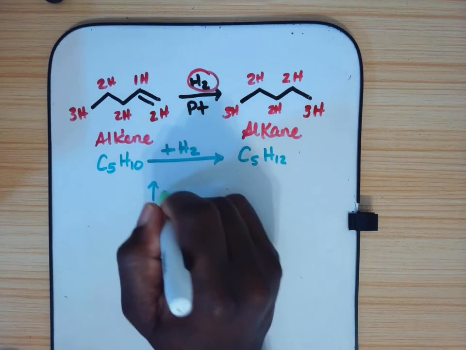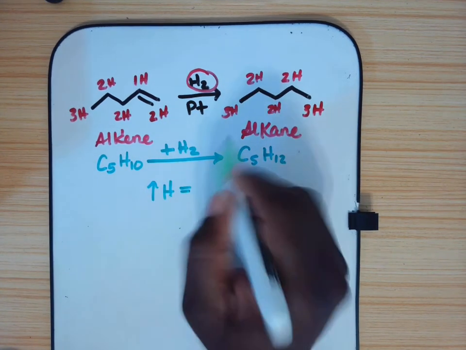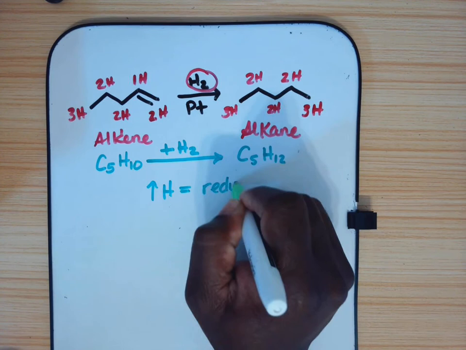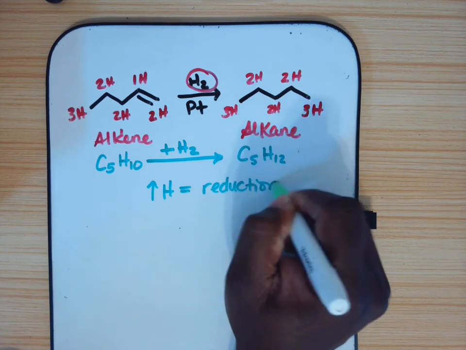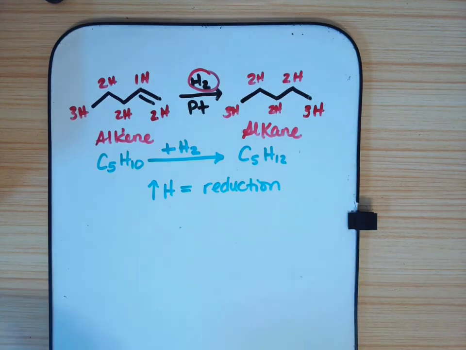Increase in hydrogen represents reduction. So hydrogenation represents an addition of hydrogen. So it's an alkene addition reaction, but it is also a reduction because you're adding hydrogen to that reactant compound.